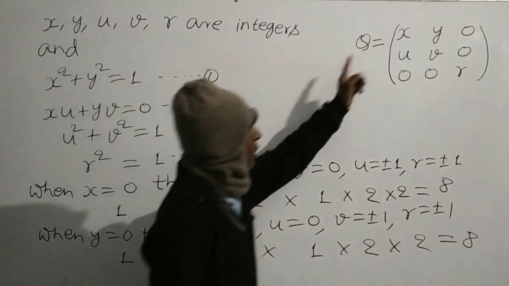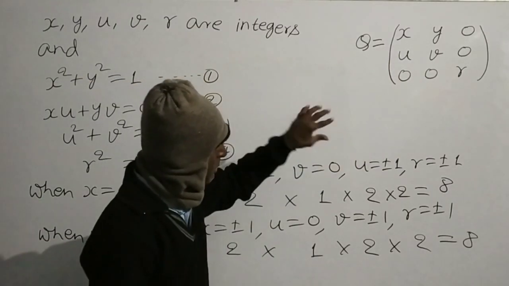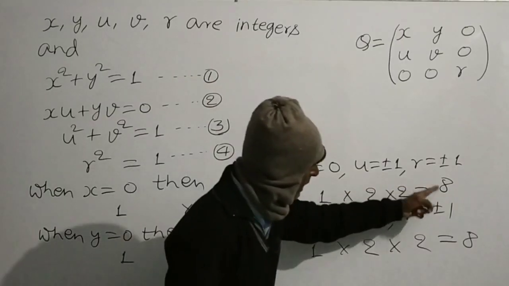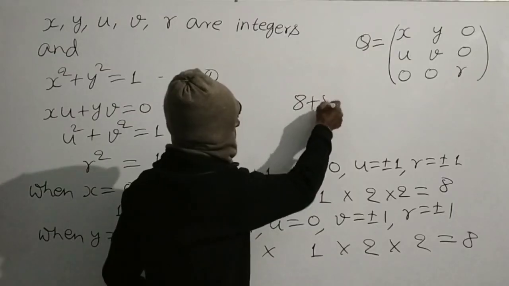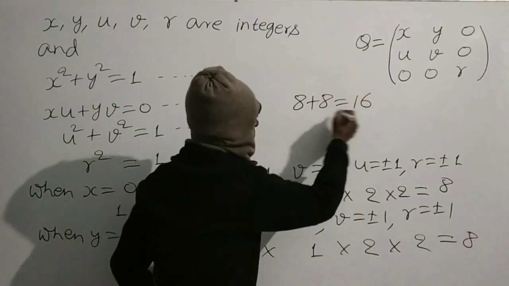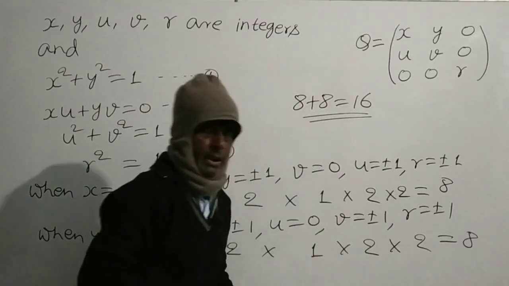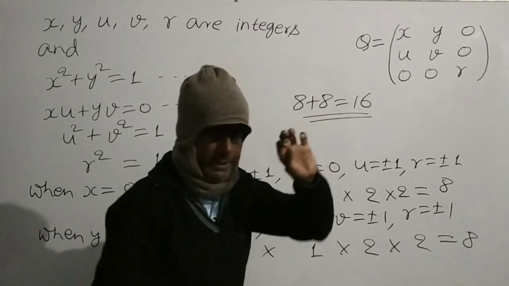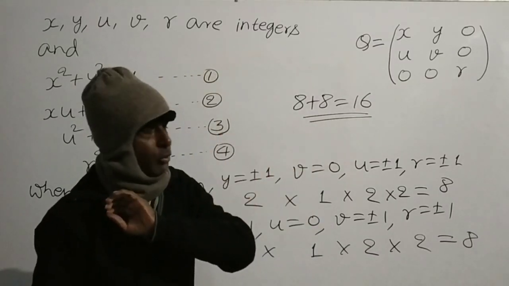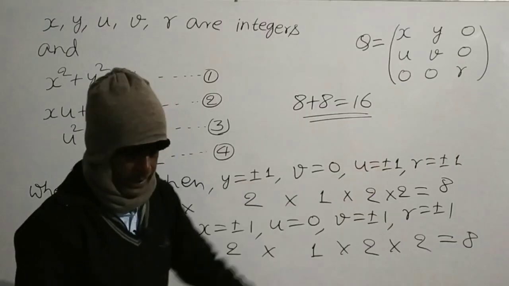Therefore, all the 5 places can be filled in total 8 plus 8, that is equal to 16 different ways. Therefore, the number of different matrices will be 16. Now the solution is complete. Over.